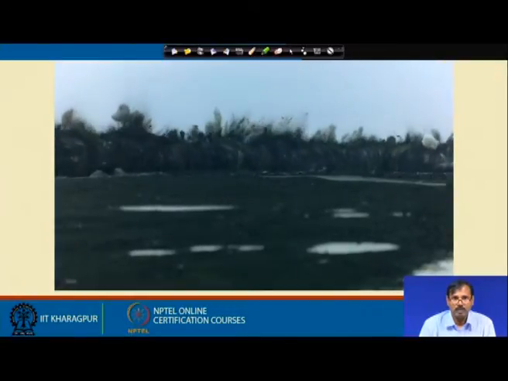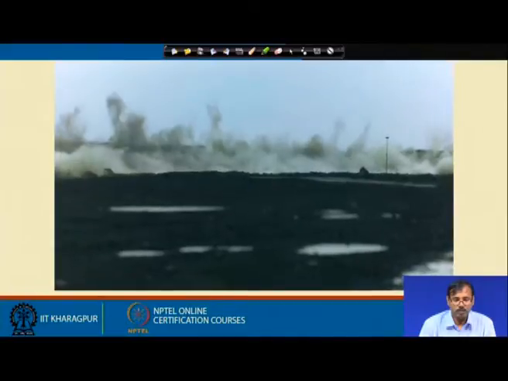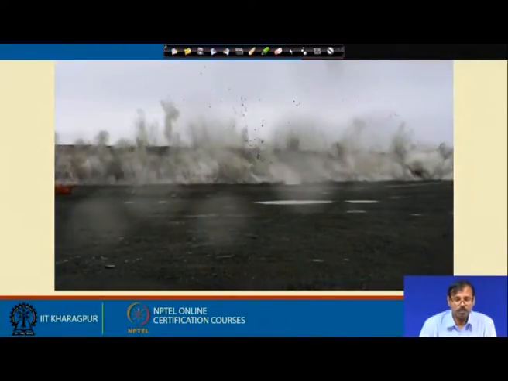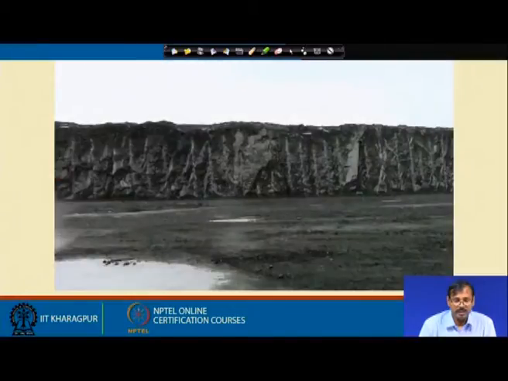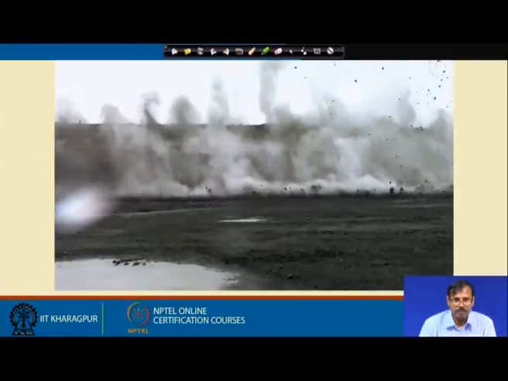If anyone ever asks you, you can tell them this is a very good quality blast. You can see so much explosive being blasted, and the rocks are being fragmented.